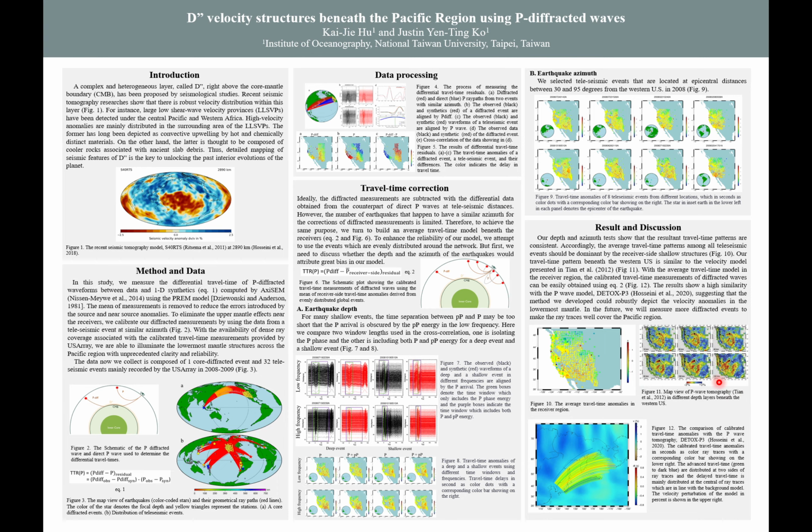Finally, we calibrate the measurement of P-diffracted wave. The result is shown in figure 12 and here. It shows high similarity with the P wave model, because you can see that the advanced travel times, which are green and dark blue ray traces, are distributed at the two sides of the ray trace, and the delay travel time is mainly distributed at the center of the ray trace.